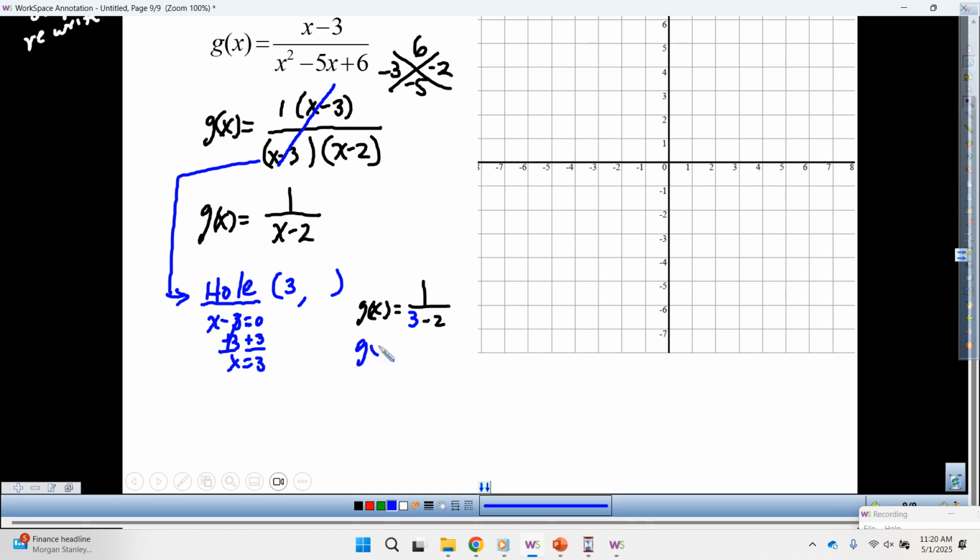So g of x equals 1 over 3 minus 2 is 1. What is 1 over 1? 1. So my hole is going to be at what? 3, 1. So check this out before you copy. 3, 1 is right here. To show that it's a hole, I'm going to make a little circle like that, like if there's a hole there. So copy that, please.